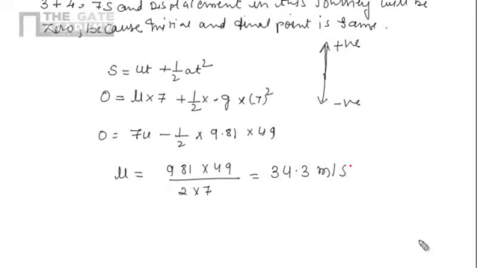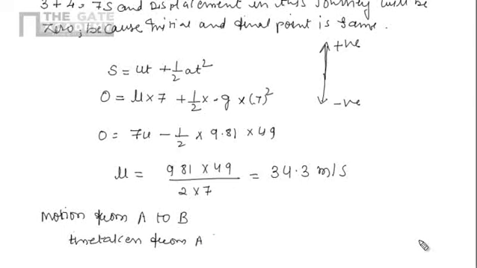Now we have to talk about the motion from A to B, and we know from A to B the time taken will be 3 seconds. It is mentioned in the problem. The time taken from A to B by the stone will be 3 seconds.